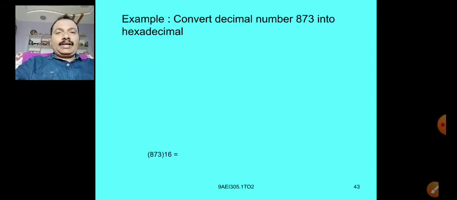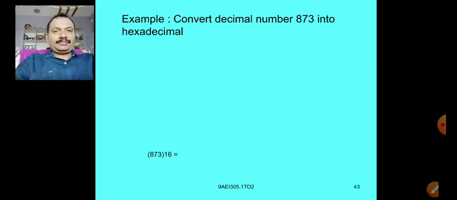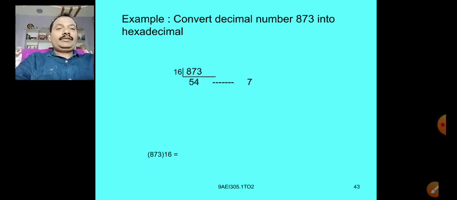Okay, for example, let us consider: convert the decimal number 873 into hexadecimal number. Just divide 873 by 16 and you will get remainder 7 and quotient 54.